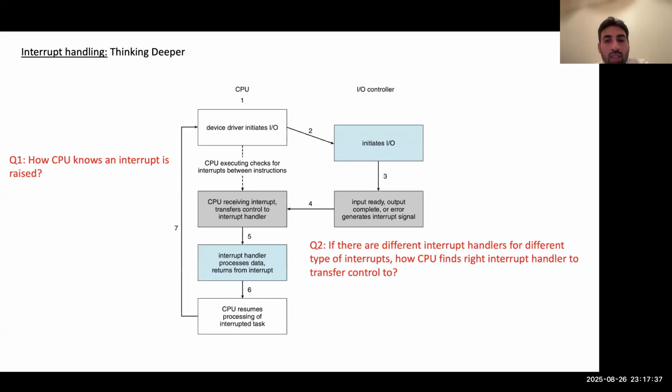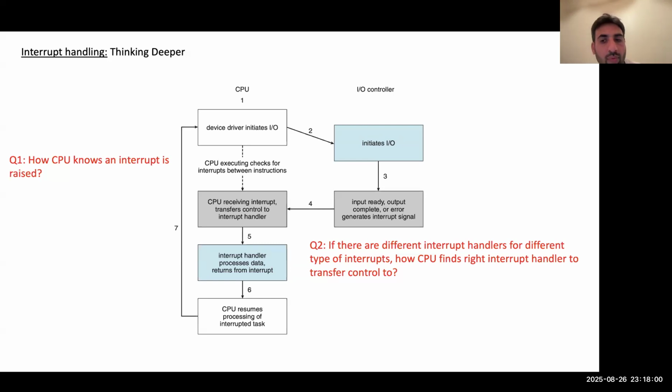Another question is: let's assume that there are different interrupt handlers for different types of interrupts. In this simplified figure, we said IO controller. Let's say instead of IO controller, I say disk controller, and then there are other kinds of controllers, like say USB controller.